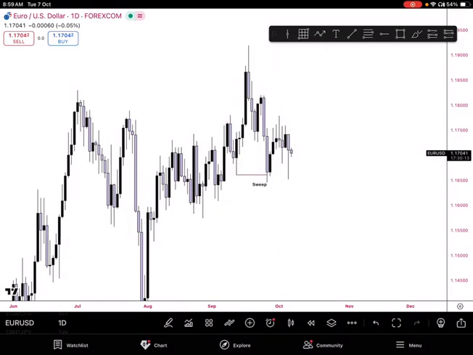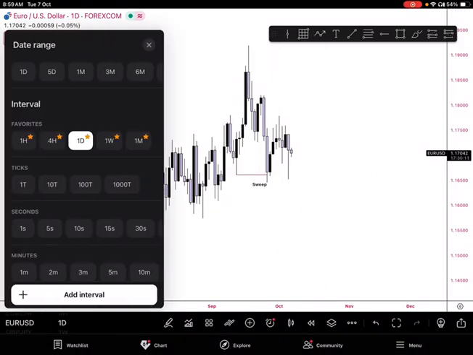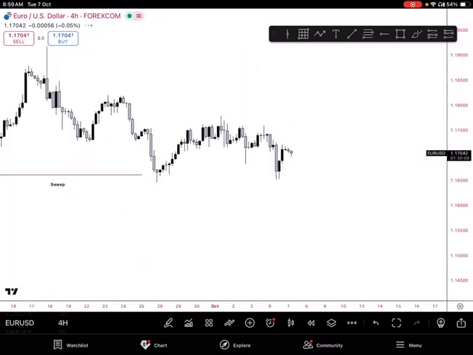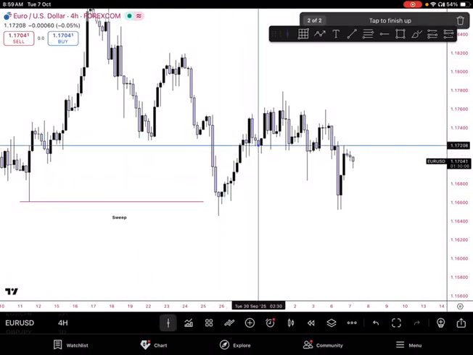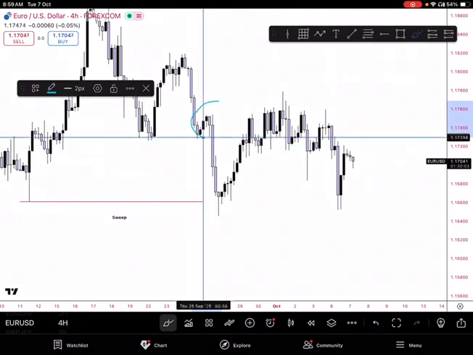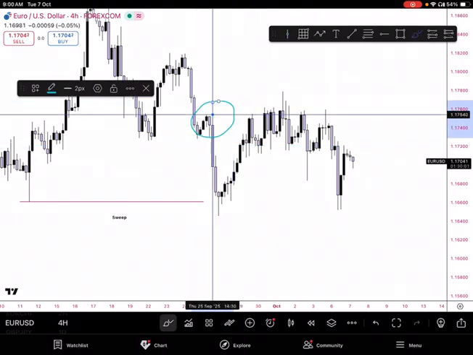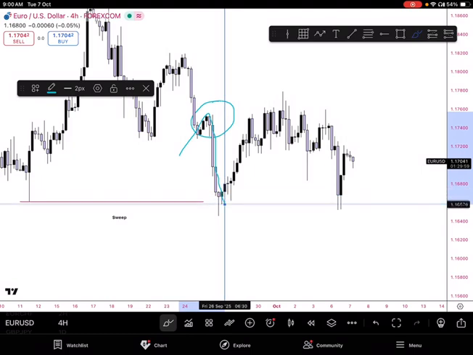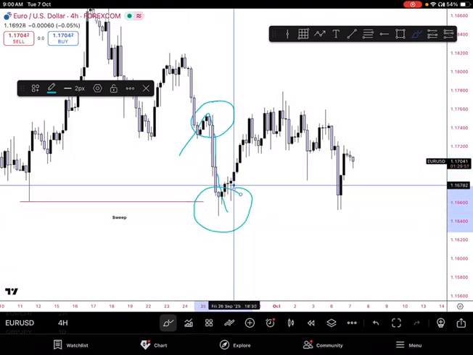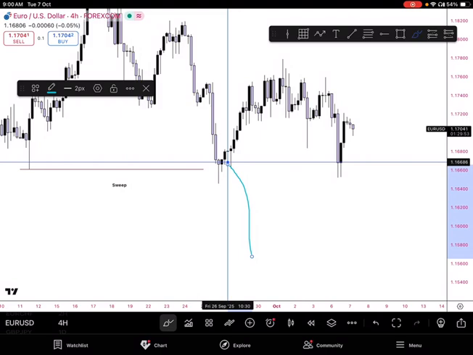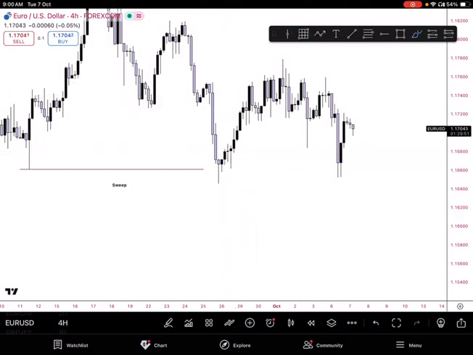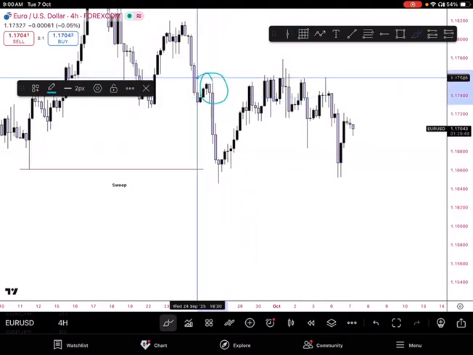So the sweep, and let me get into the breakout on the lower time frame. You can see where the candle comes from. The candle comes from here, right? So the candle comes from here to take this sweep. For a breakout structure, you need to see that the price needs to break this high.